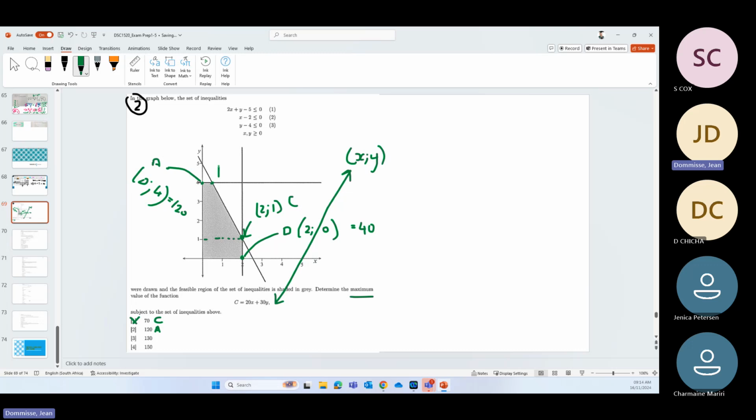this point B. Okay, so we know that point B, there will be 4 y's. So that will already give us 120. If we look at where point B is situated, it can't be more than 1x.